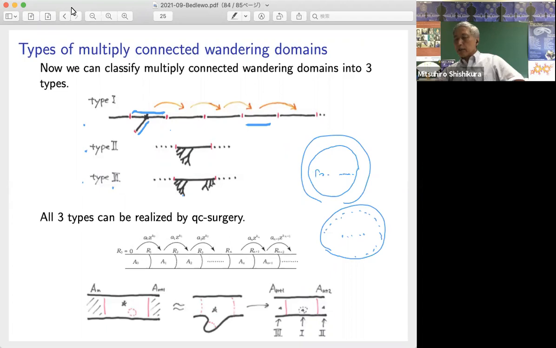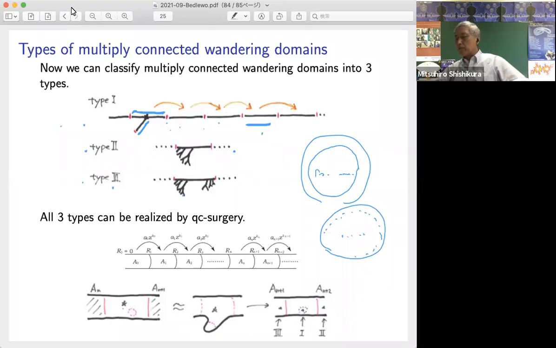So there are three types, and you can realize all of them by QC surgery. This type I did with Kisaka, and it was obtained by arranging the position of a critical orbit carefully so that you don't interfere with wandering domains. But to create these two, you don't do that. You adjust the critical point so that you don't land on the same point as before.